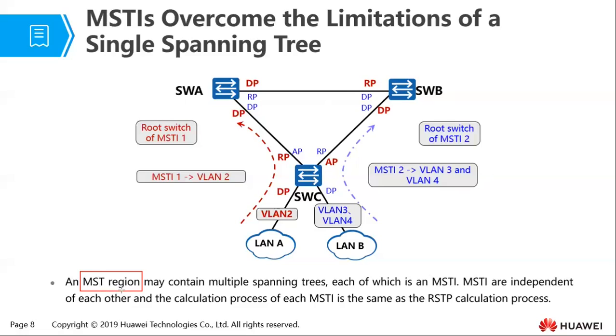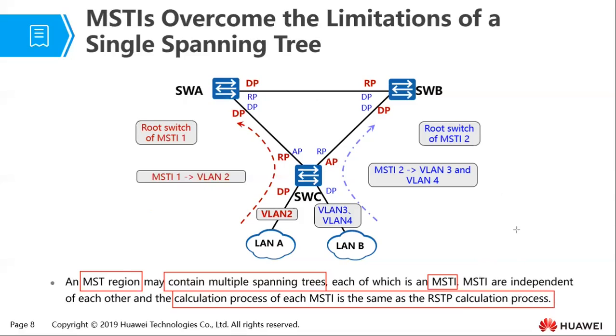Now, a single MST region can contain multiple spanning trees. Each multiple spanning tree is what we call a multiple spanning tree instance. Each instance is independent of each other, and the calculation process of each MSTI is the same as the RSTP calculation process.